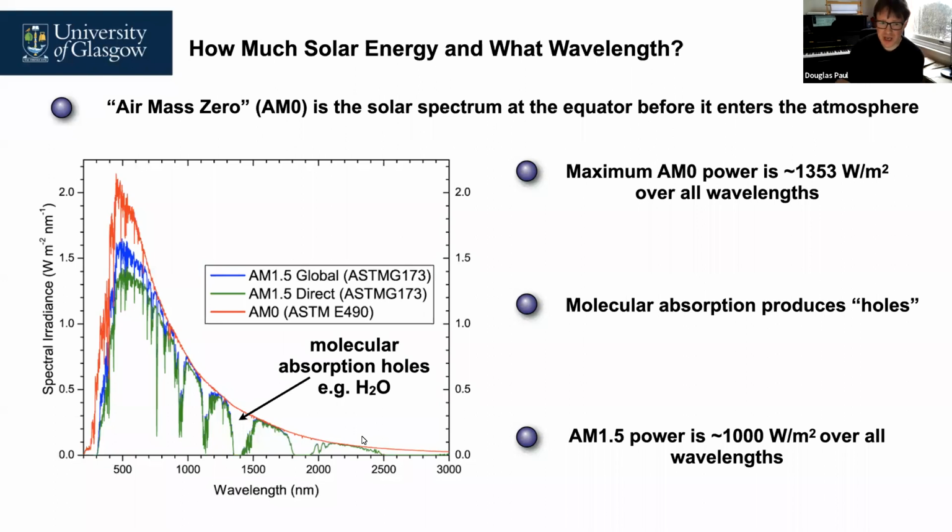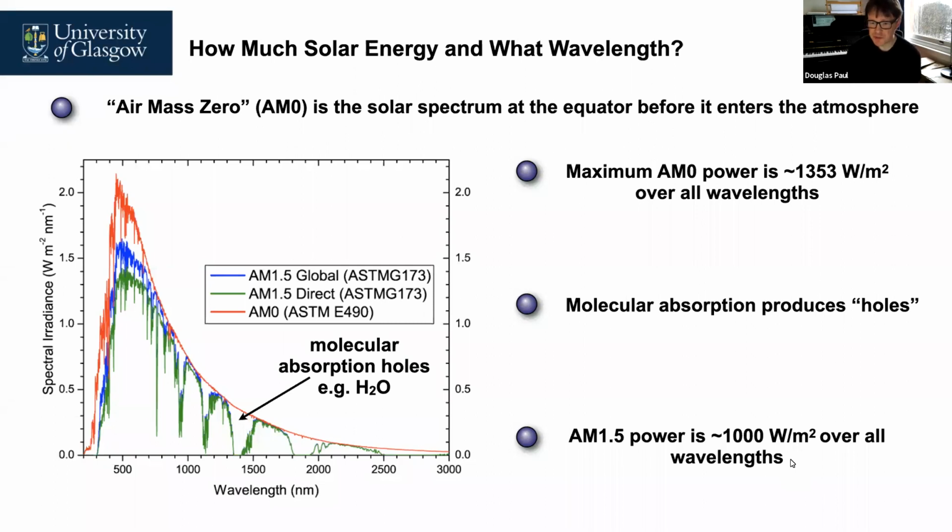Now, of course, as I've said, the Earth's atmosphere is going to absorb, and you can see with these real spectra here, you've got the global and the direct coming in. So the global includes the diffuse. And in fact, the other reason that AM 1.5 is used as the standard is that AM 1.5 is almost exactly 1,000 watts per meter squared over all wavelengths.